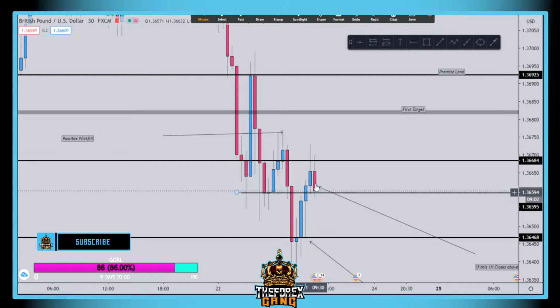Right now you would be thinking sells, resistance, but it's at a support, so it could also go up from here. So if this 30-minute or hourly closes outside the zone, okay, otherwise just leave it.